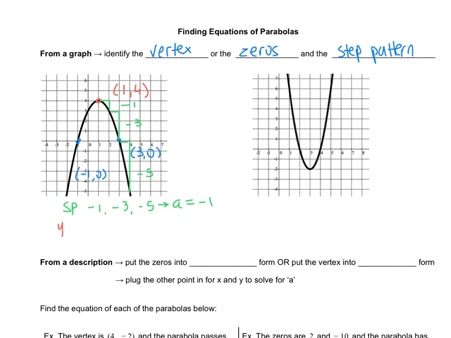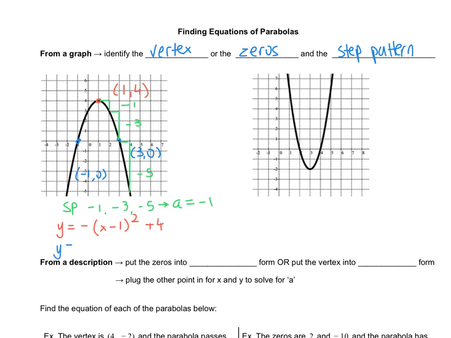Now, if we want our vertex form, we will start with the a value, which we can write as negative or -1. The choice is yours. And then because our vertex is (1, 4), inside my bracket, I will write x minus 1 squared because I'm moving to the right one, and then plus 4 on the outside. So that's one way.